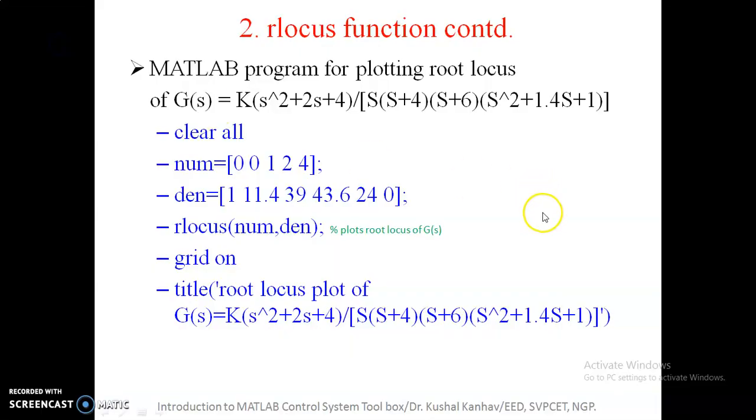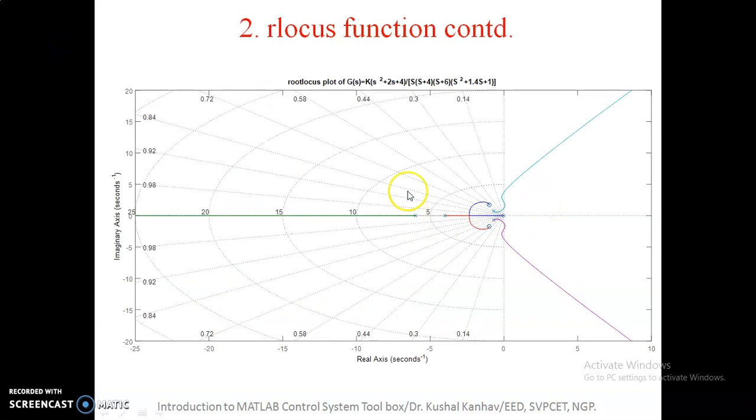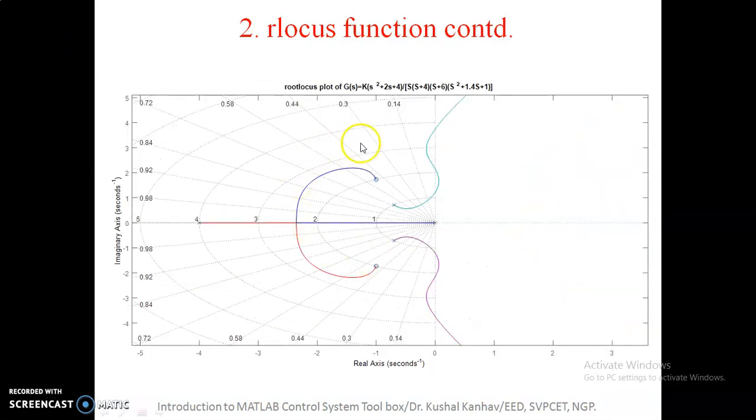So we have seen this program for root locus. This was the plot that we have obtained, and this was the magnified image. So if you want to magnify the image and see it properly, then you can do this using that plus sign, zoom. You can zoom the image.